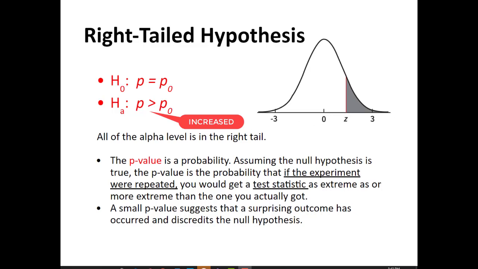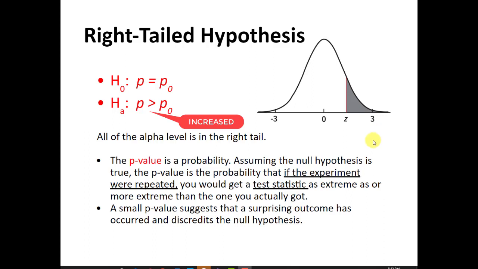The other thing that I'm going to do is make certain that the p-value of my Z obtained, of my test statistic, is less than my alpha. As a reminder, p-value is a probability.